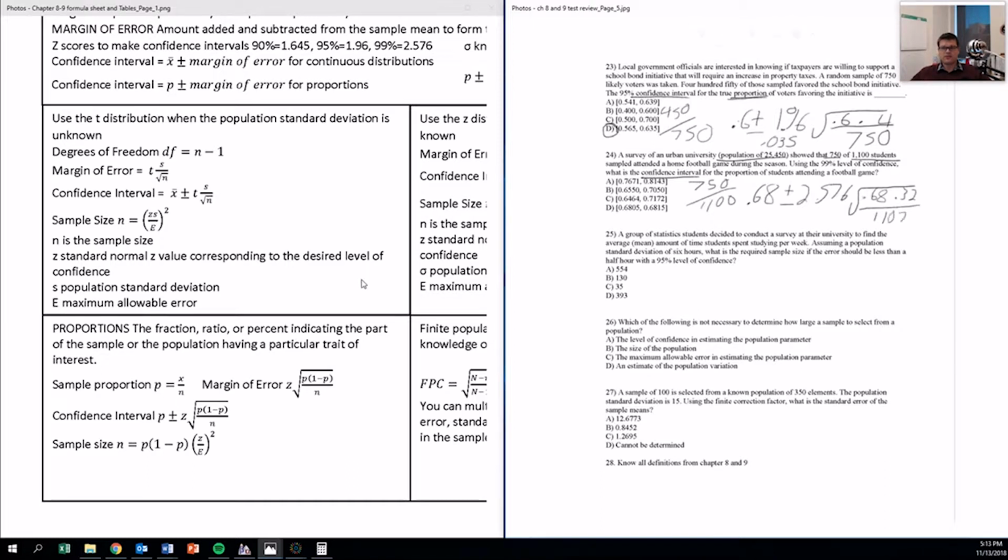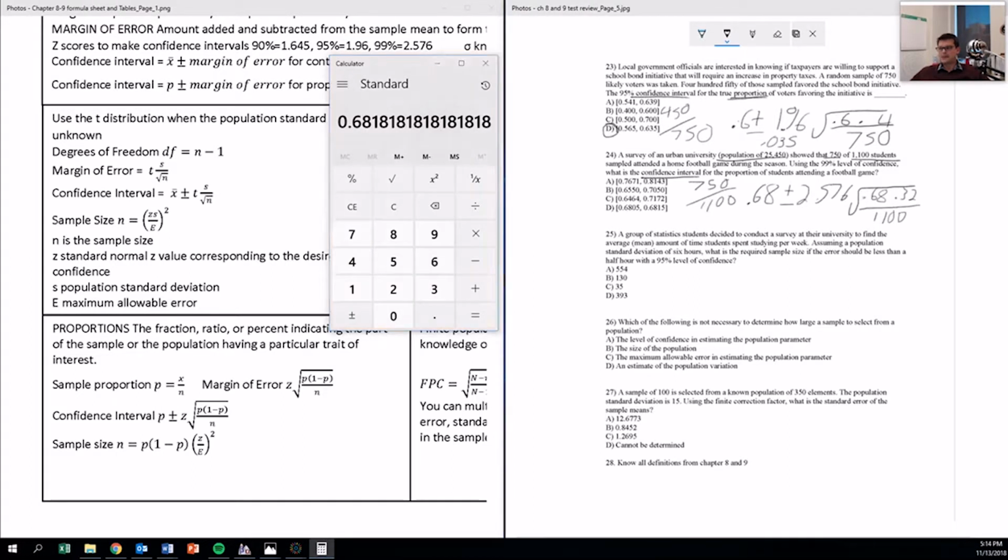Let's do 0.68 times 0.32 equals, nope, 0.68 times 0.32. There we go. So it's 2176 divided by 1100.